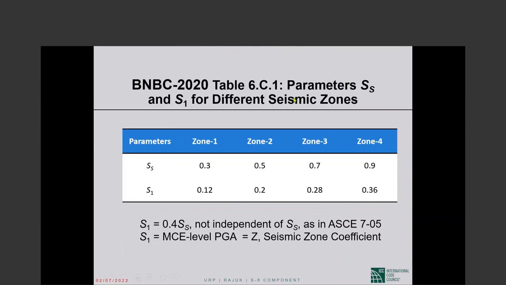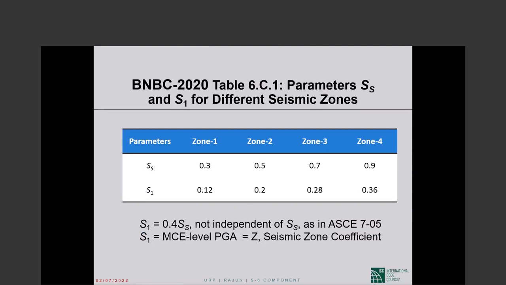Now, in Appendix C, in that specific table, 6.C.1, we are given the S sub s and S sub 1 values for each of the seismic zones. So if you are doing design by BNBC, instead of going to the US Geological Survey website or anything like that, all you need is this table.